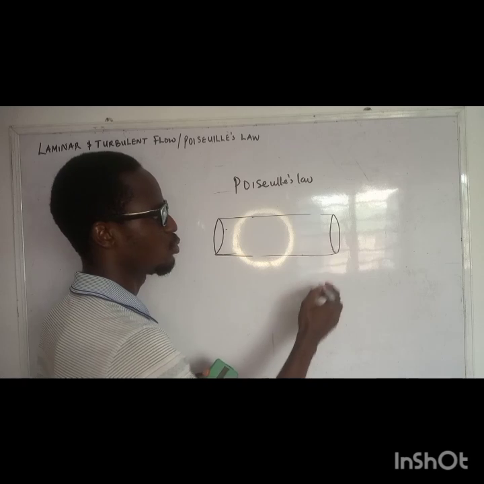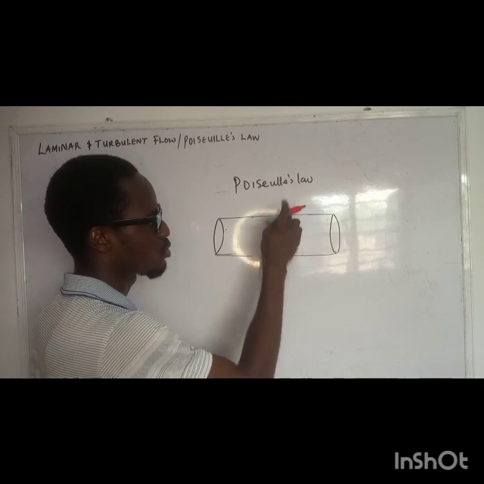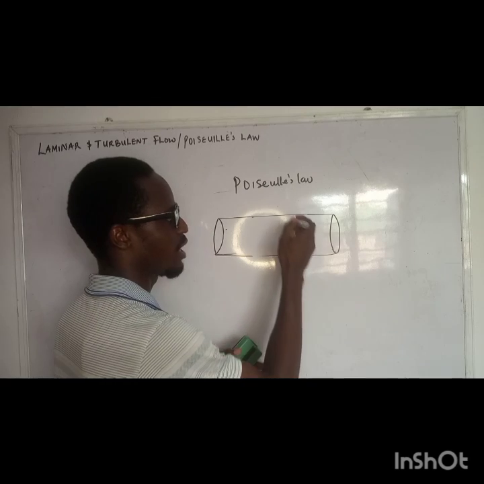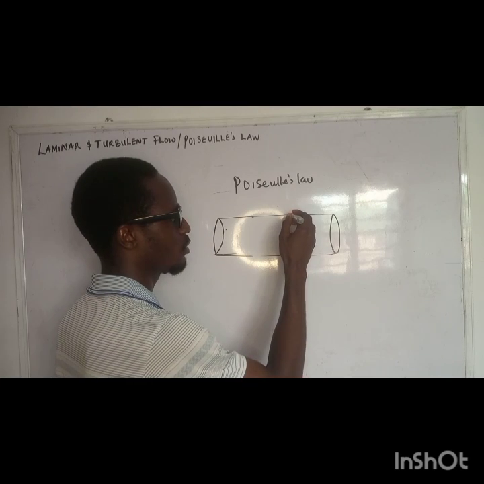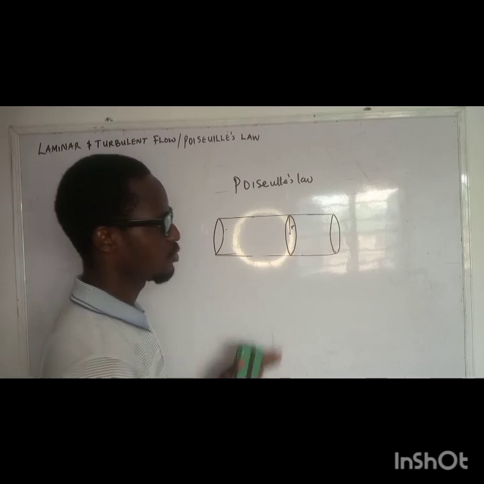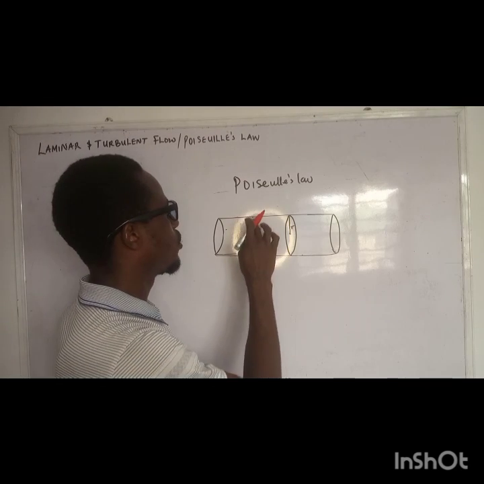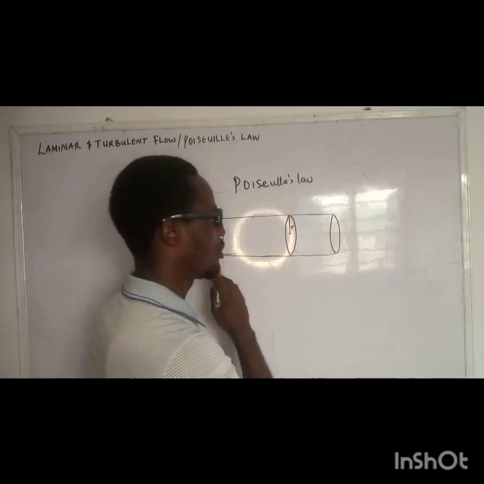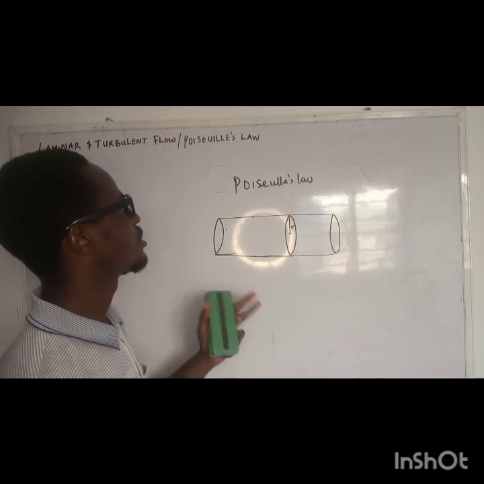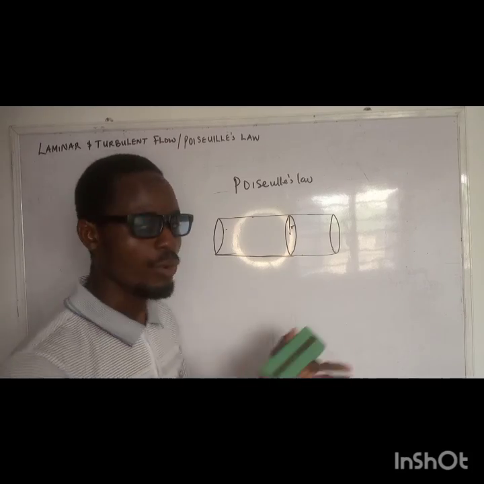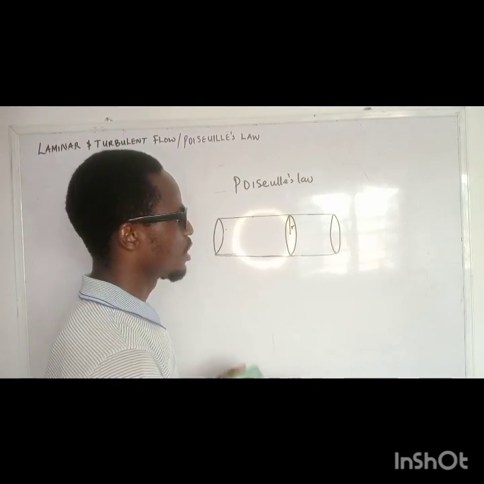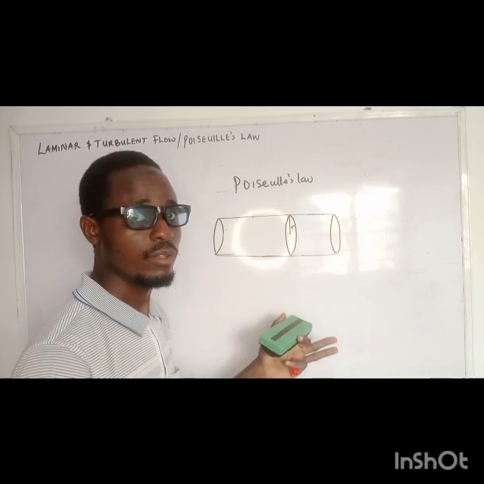Now, one thing we need to understand is that this pipe has a cross-sectional area. Cross-sectional area is the area of the face of the pipe. It's in the form of a circle, so this is the radius. Now when the fluid is flowing within this pipe, what Poiseuille's law is trying to tell us is that the volume flow rate is proportional to the fourth power of the radius.